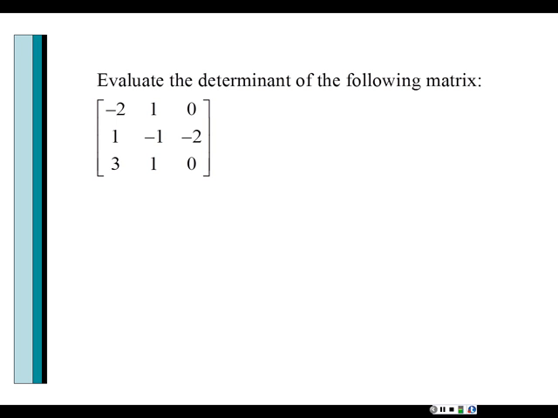So we'll be taking the other 4 here: 1, 0, negative 1, negative 2. Once we have it, we reduce the problem so that we just have to find the determinant of 2 by 2 matrices.